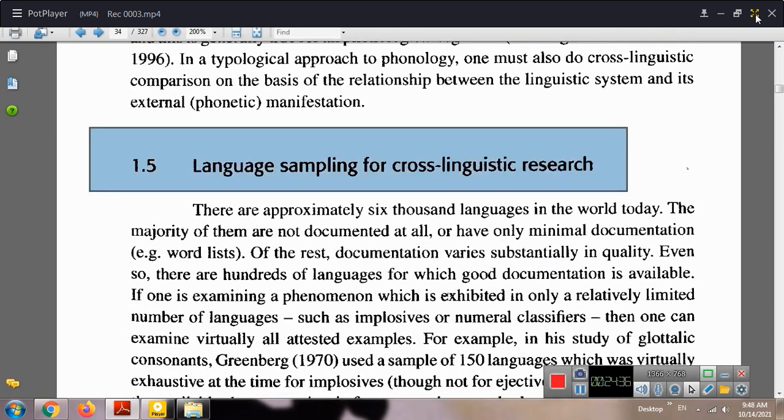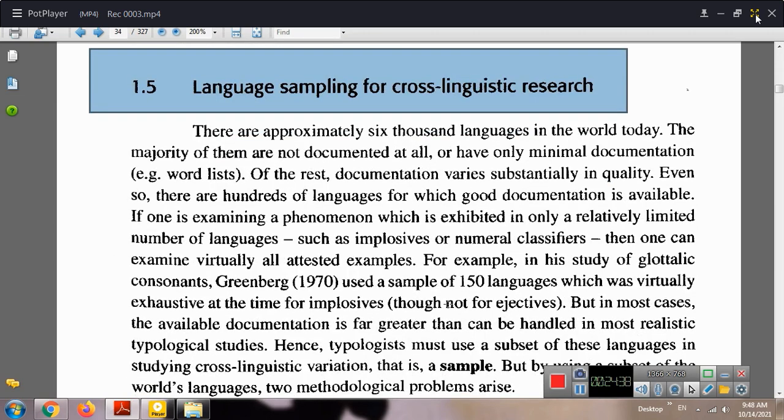A language sampling for cross-linguistic research. There are approximately 6,000 languages in the world today. The majority of them are not documented at all, or have only minimal documentation.